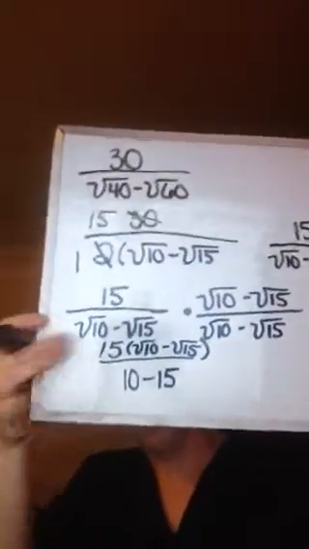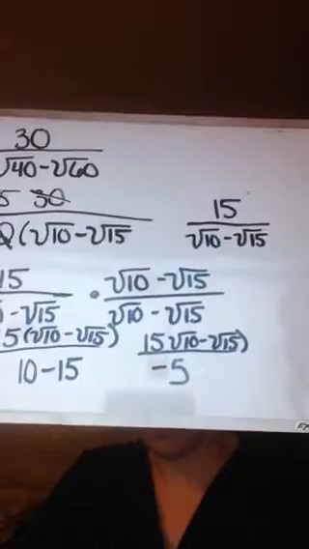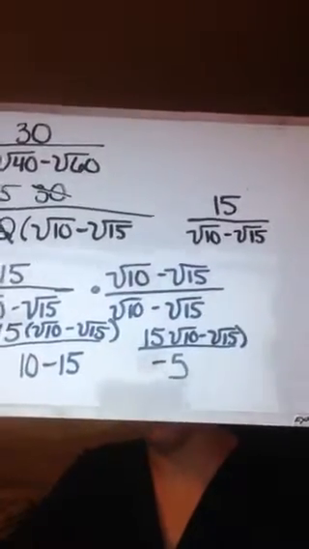Almost there, though, because we know we can take 10 minus 15, and it leaves us with a negative 5 on the bottom. We just turned our 10 minus 15 into negative 5, because 10 minus 15 is negative 5.